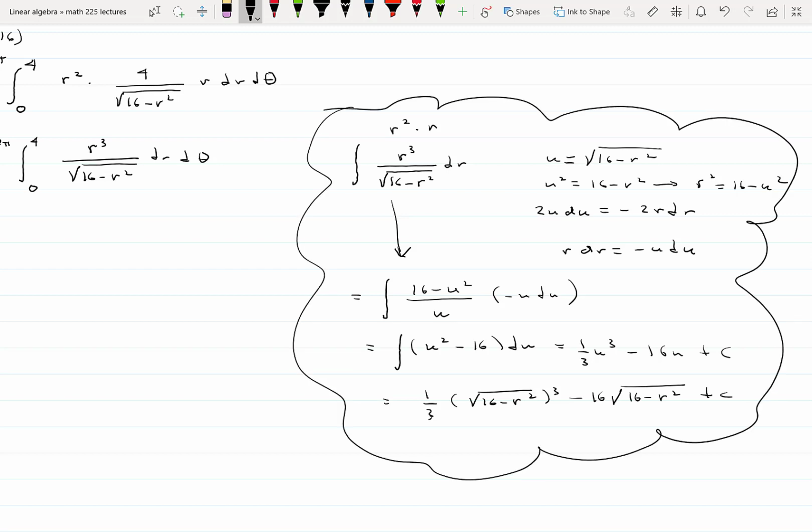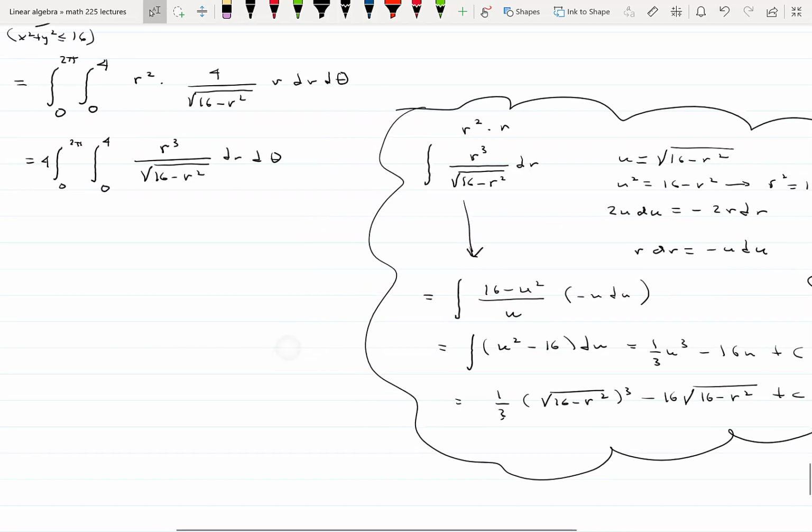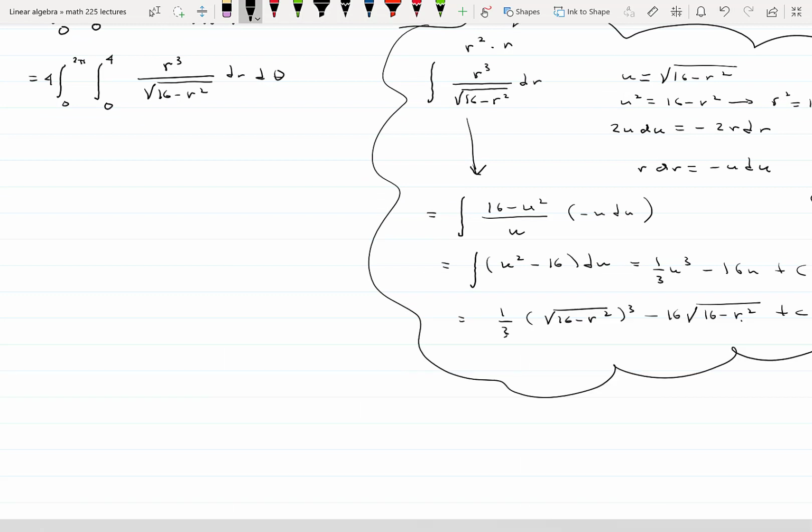All right, now let's go back to our double integral, our surface integral, which we converted to a double integral. So this is 4 integral 0 to 2 pi. We did our antiderivative work, so I'm going to put that antiderivative in. 1/3 times the square root of 16 minus r squared, not r cubed, r squared, and that's cubed.